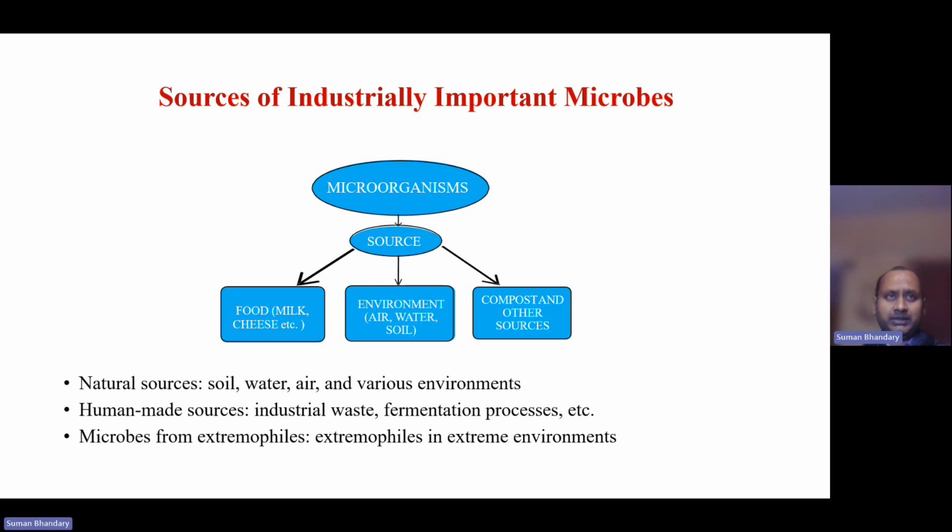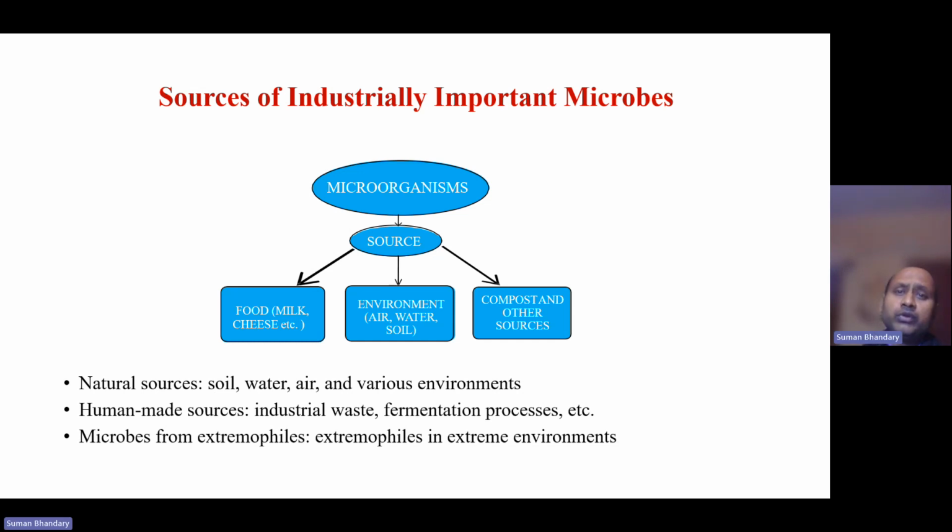Some of the common sources have been mentioned here through this flow diagram. There you can see that a few are natural sources, some are man-made or human-made sources, and some we are getting from non-conventional sources, mainly those microorganisms known as extremophiles.